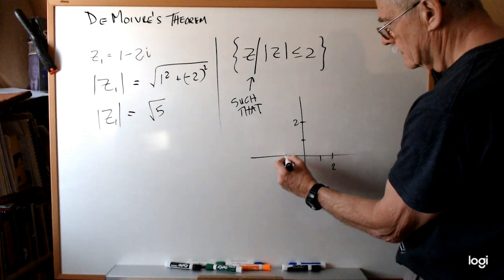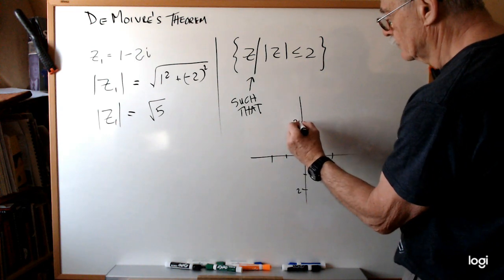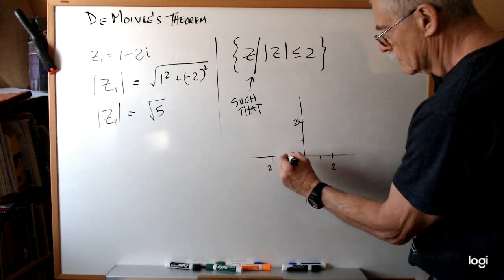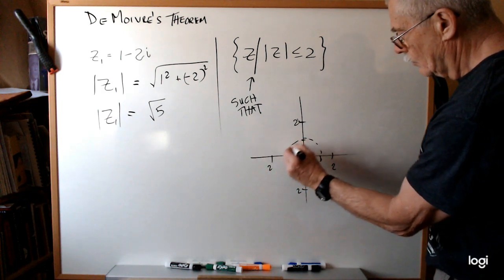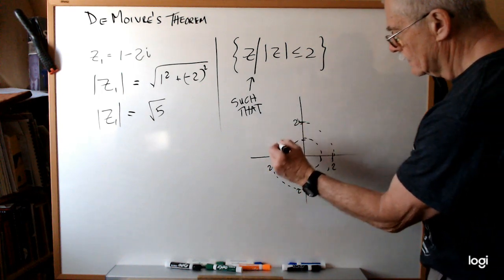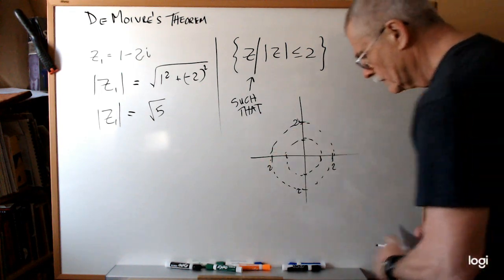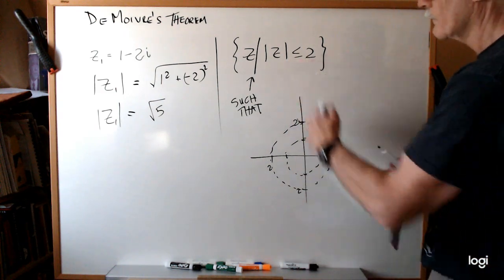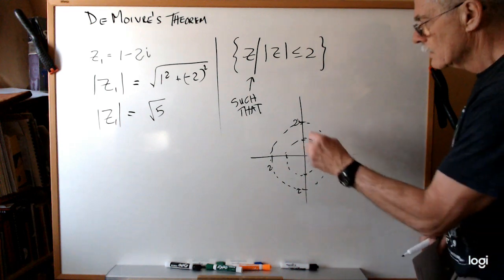And this, of course, would be 2i, but it's actually a radial distance of 2. So all those points are radial distance of 1. All these points are radial distance of 2. And what we're asked to do is make a sketch of everything which is 2 or fewer units away from the pole.